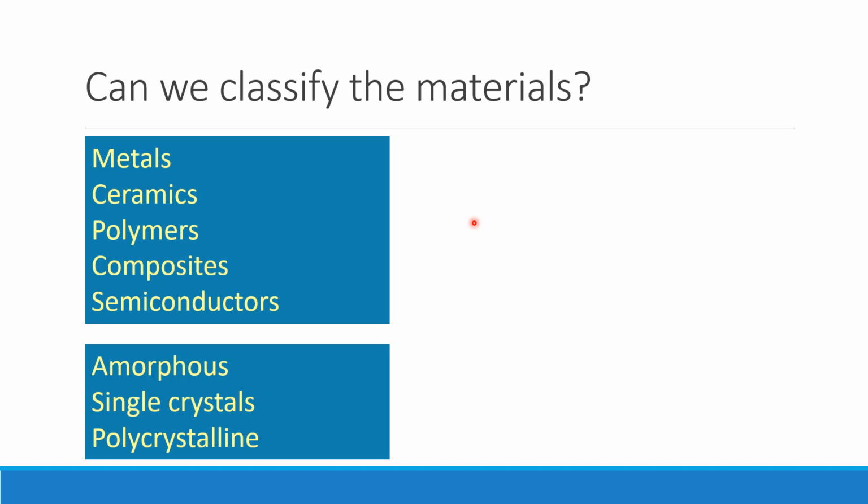In the case of polycrystalline materials, we have also long and short range order, but not uniformly all over the material. We have like regions. Inside the region there is order, but from one region to the other, the configuration or the arrangement is slightly different.